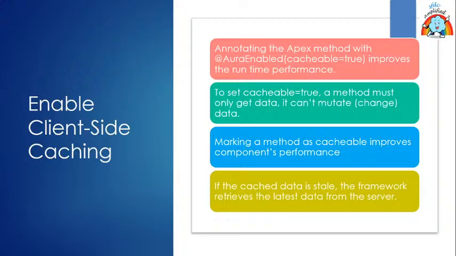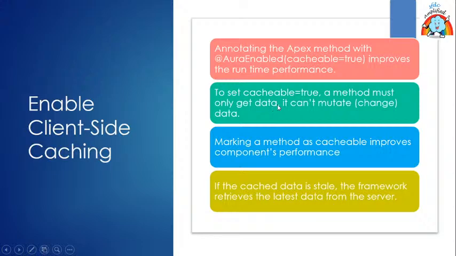If the cached data is stale, old, then we retrieve the latest data. Otherwise, we take it from the client side storage itself. So you see, making a method cacheable improves component performance. If the cached data is stale, only then do we get it from the server. Otherwise, we get it from the browser.